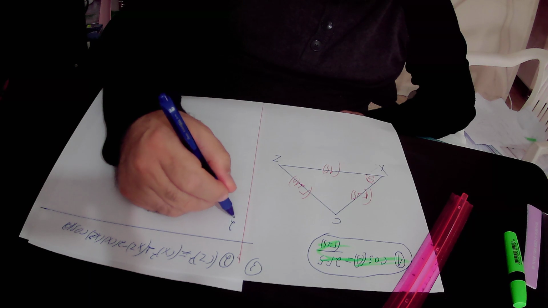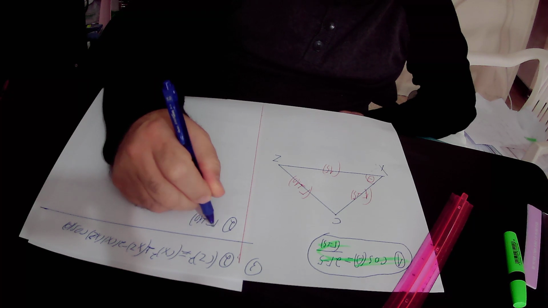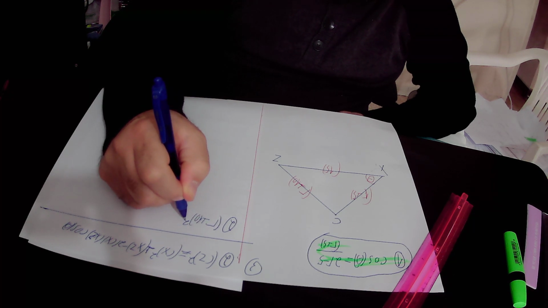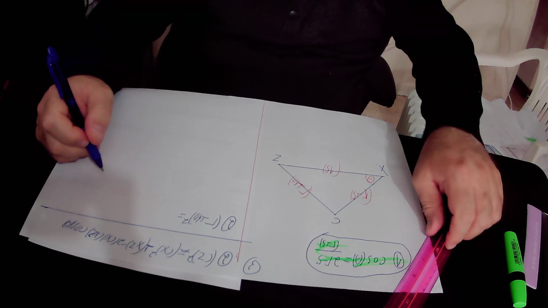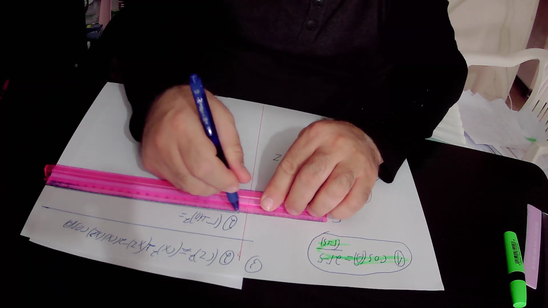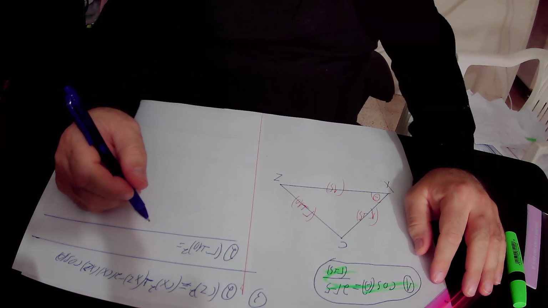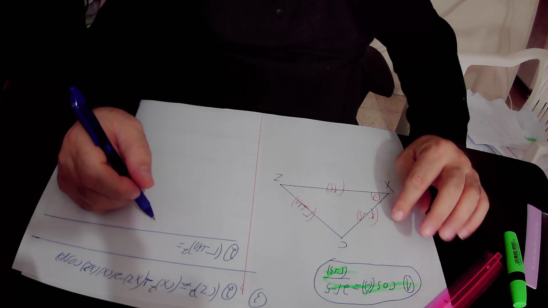CZ is r plus 10, therefore CZ squared will be equal to r plus 10 squared, and it is equal to CX squared.